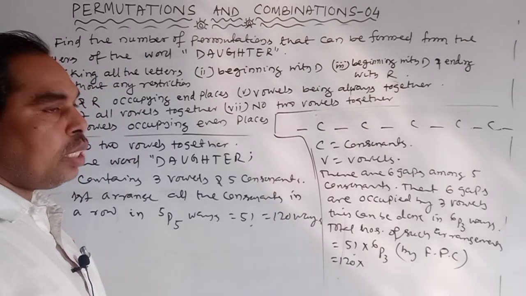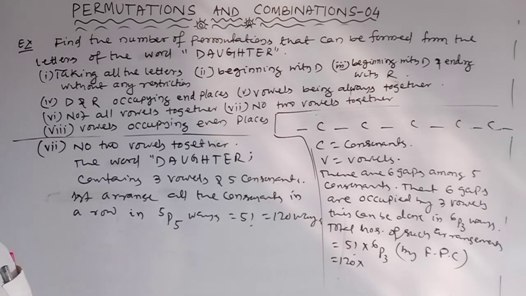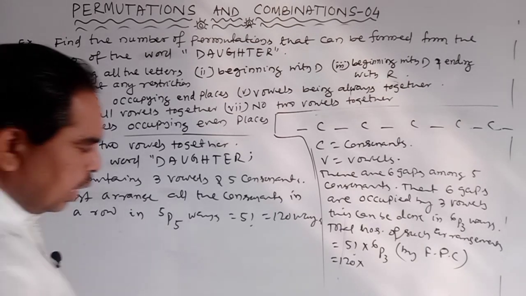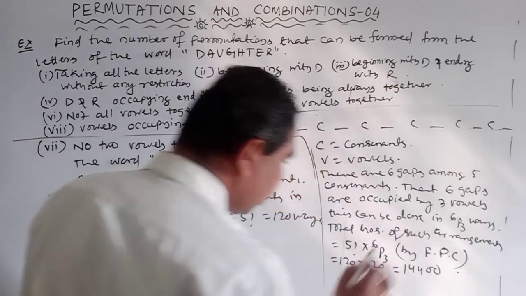So 6 into 5 into 4 is 120, and 120 times 120 is 14400.